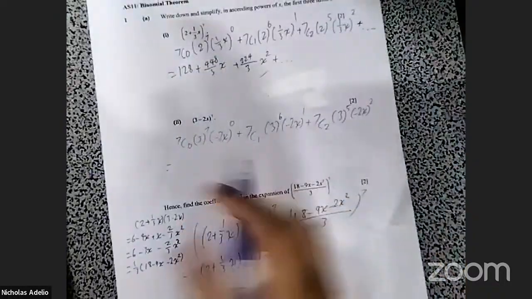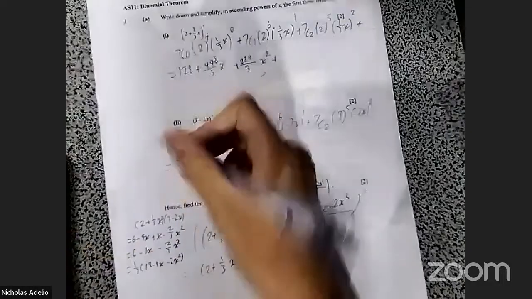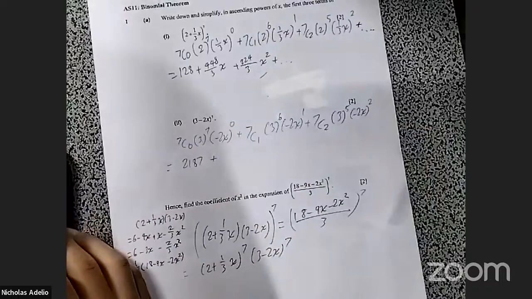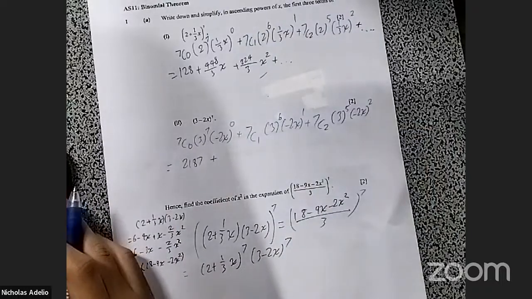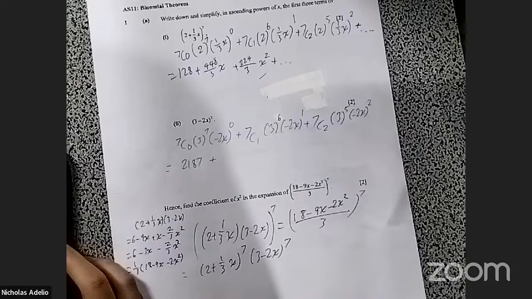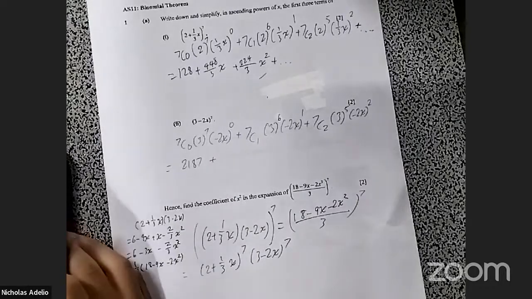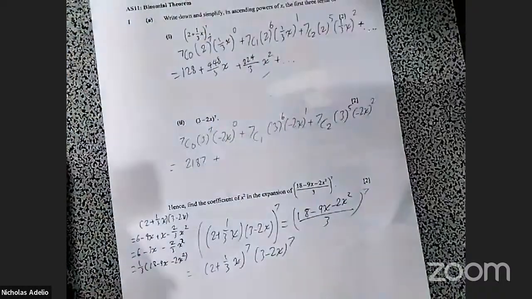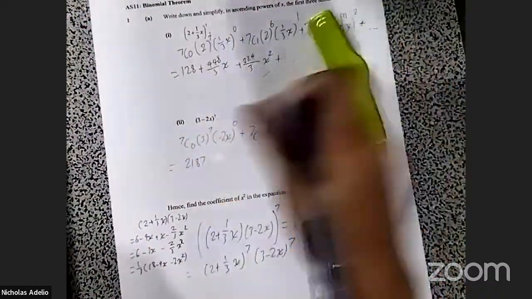So that's just going to be 3 power 7. It's going to be 7 C1 times 3 power 6 times -2. Agree with that? Agree.